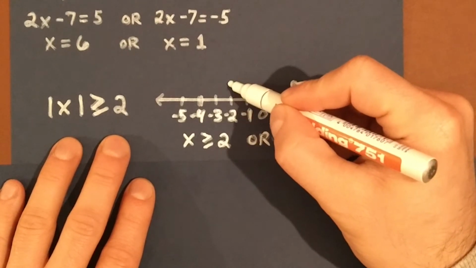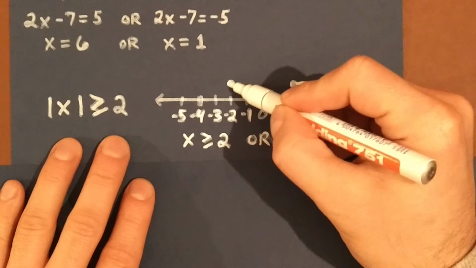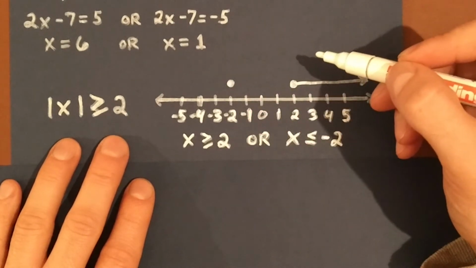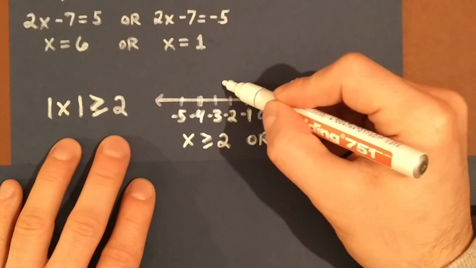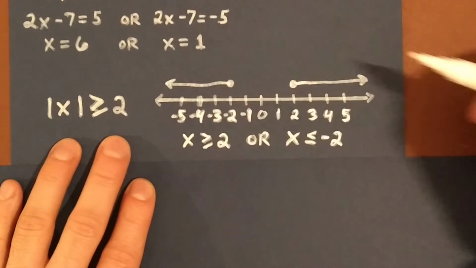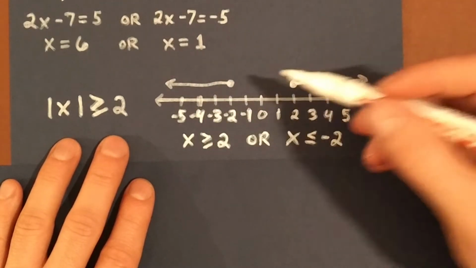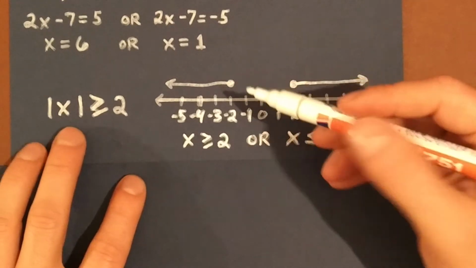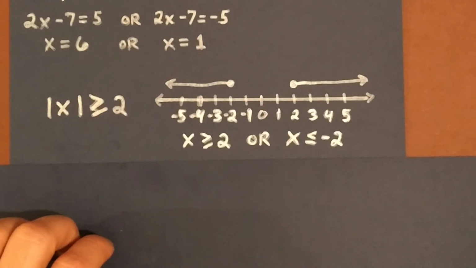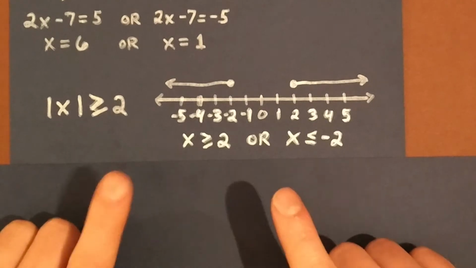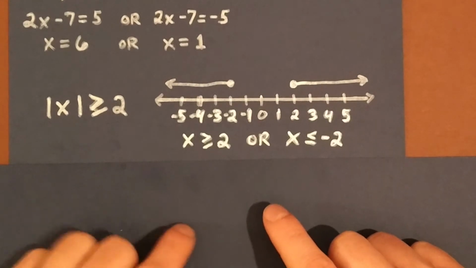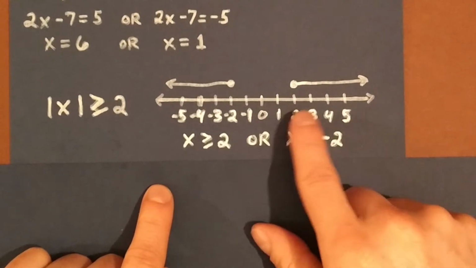Similarly, -2 is a solution. Color it in. And anything to the left of -2 is a solution as well. So this is one way to represent visually the solution to this inequality. And it's important to be aware, to mention, that we're not only talking about the integers.